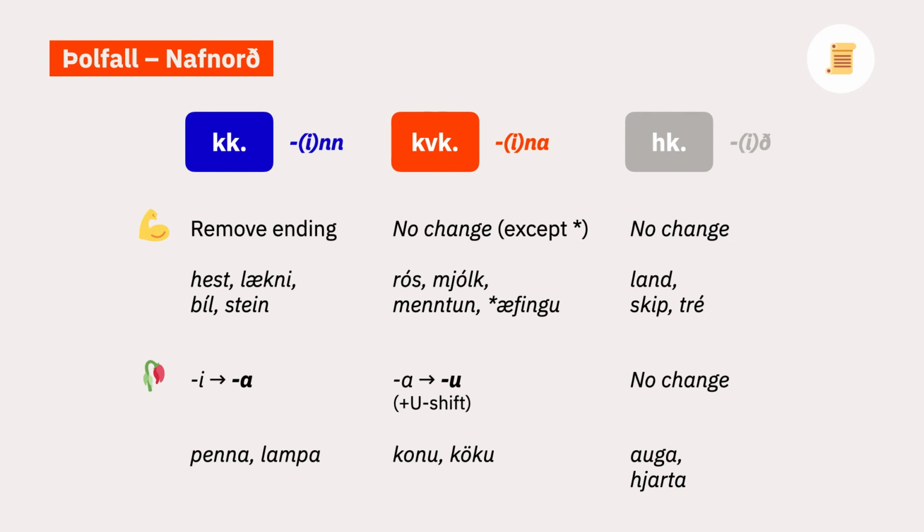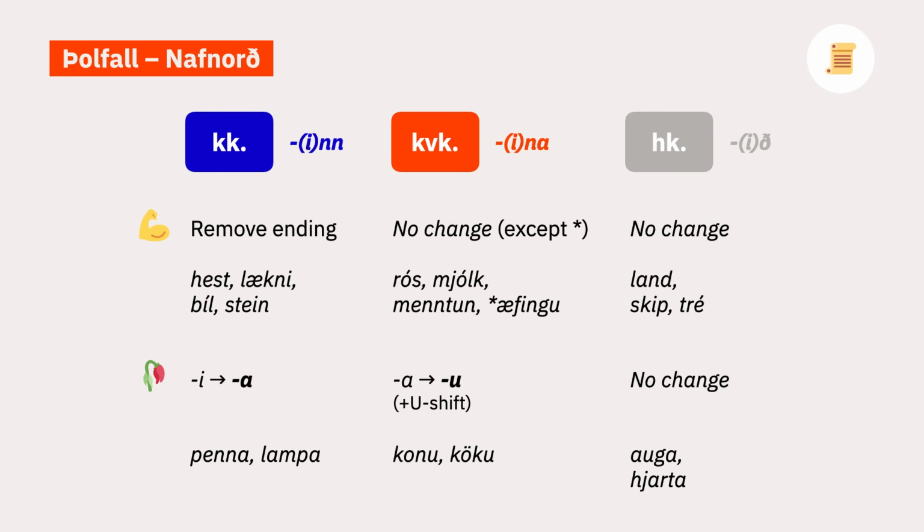So finally, we have this slide which sums up the main rules for making nouns accusative. At the top next to each gender is the accusative definite article. So karlkyn, the article is inn, kvenkyn it's ina, and hvorkyn it's ið. Underneath we have the rules for strong nouns.